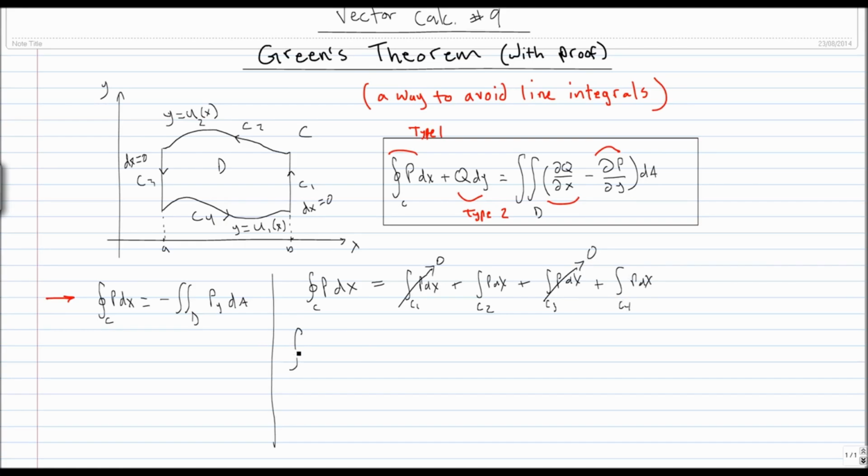Basically you can show that the closed loop line integral of p dx is going to equal the integral of p dx along C2 plus the integral of p dx along C4.